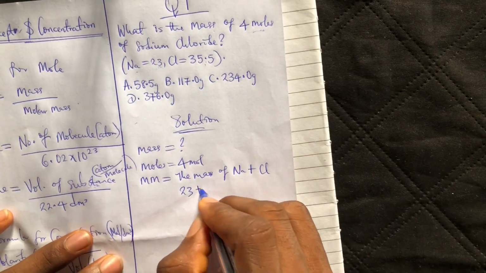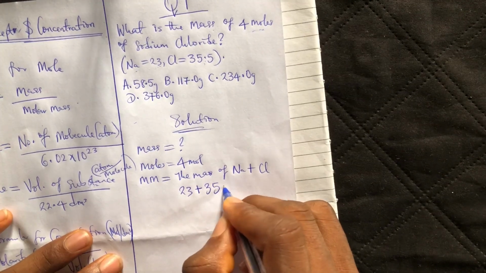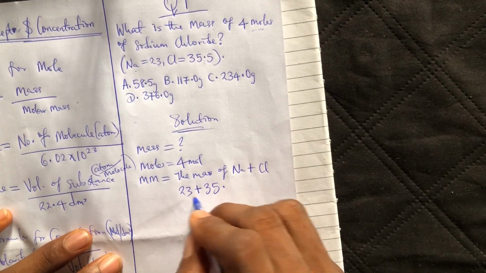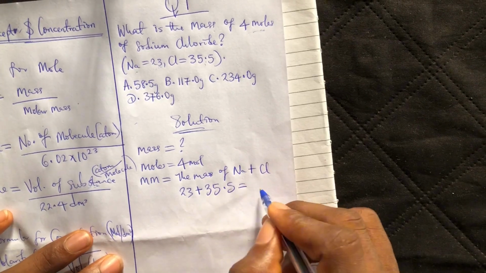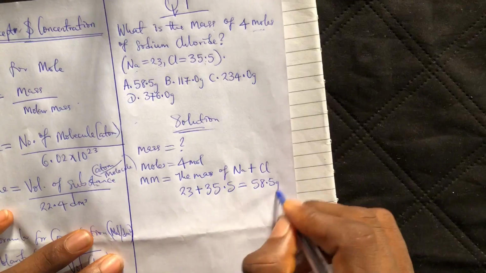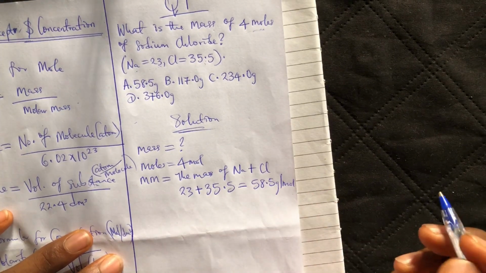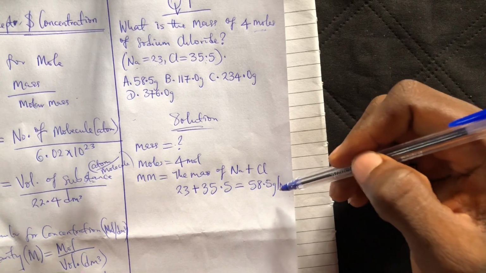So the mass of sodium plus the mass of chlorine is 23 plus 35.5, which is equal to 58.5. So now we have our molar mass to be 58.5 gram per mole.